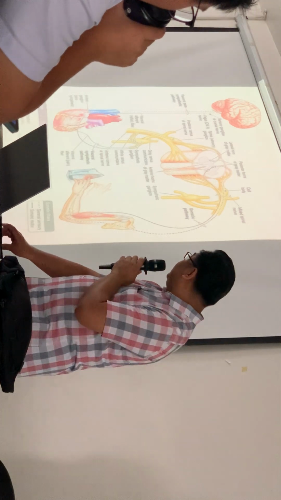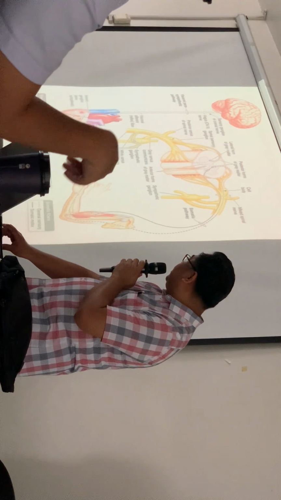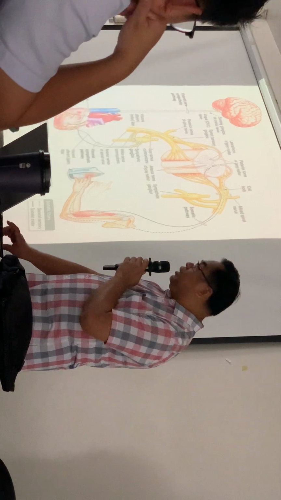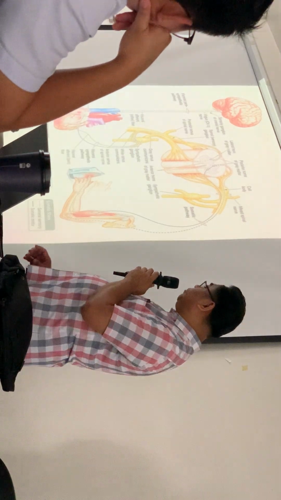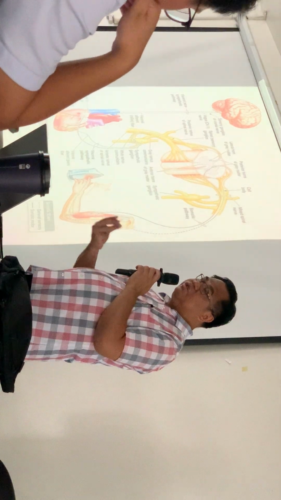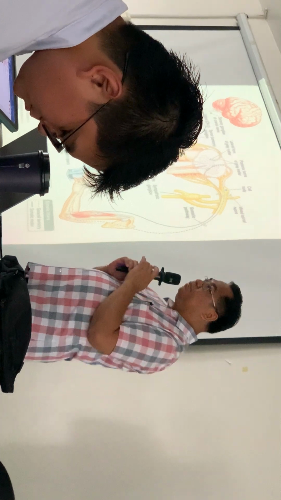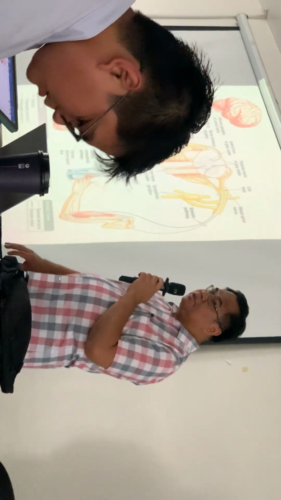And then the postsynaptic neuron will receive the signal and send it down to the cardiac muscle. No? And the parasympathetic nervous system can cause decrease in contractility, decrease in heart rate. No? So that is the effect of the parasympathetic.